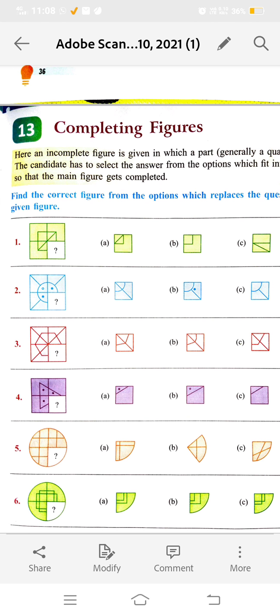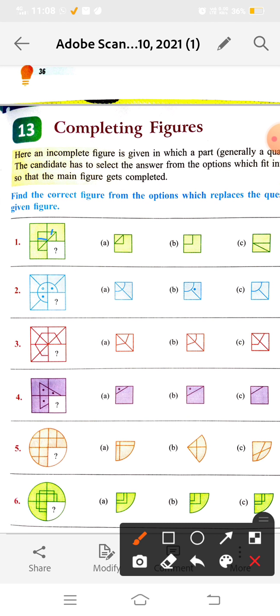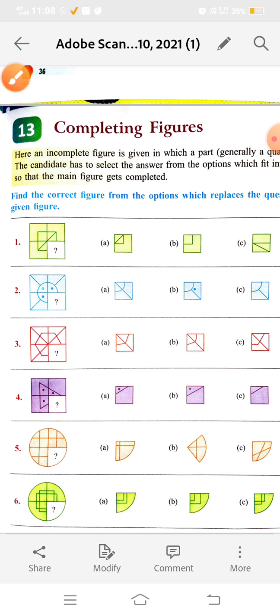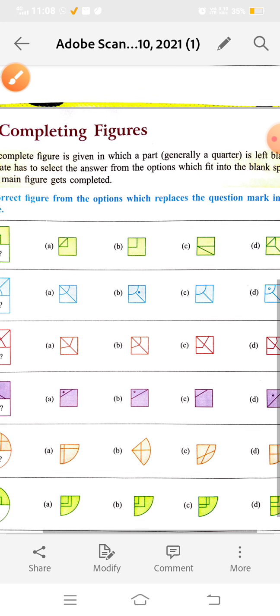See, we have a square here in the right side bottom, but here in option A it is in upside left, and here is also upside left, and option C is not making a square, so A, B and C are not our answer.